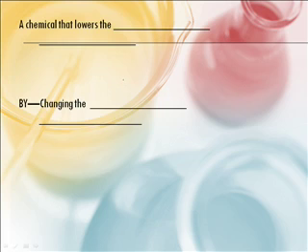All right. It's also a chemical that lowers the activation energy. A couple things we need to talk about in terms of catalysts. A catalyst speeds up a reaction by lowering the activation energy, but the way it does it is by changing the reaction mechanism.